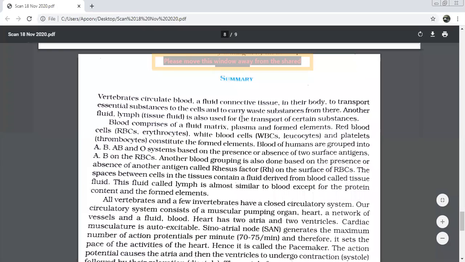You just need to read these 2 paragraphs, starting from "vertebrates circulate blood" up to "formed elements." Just the 2 paragraphs, beta. Just read them quickly.